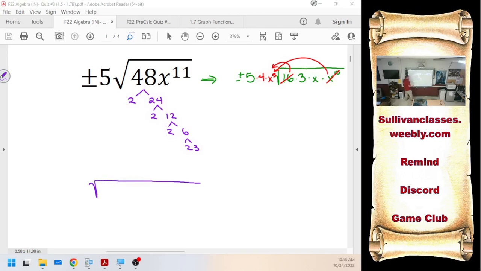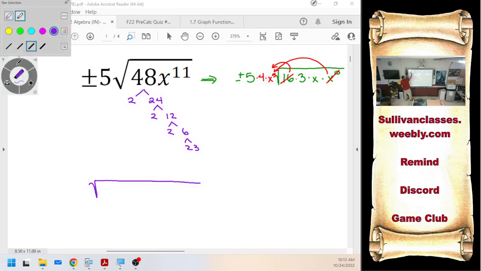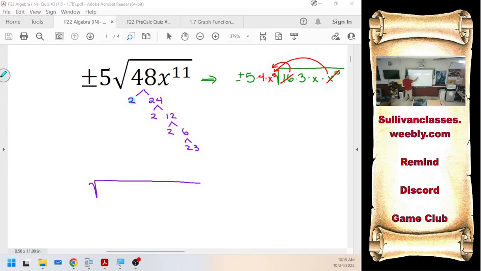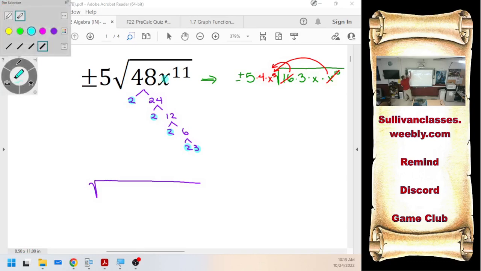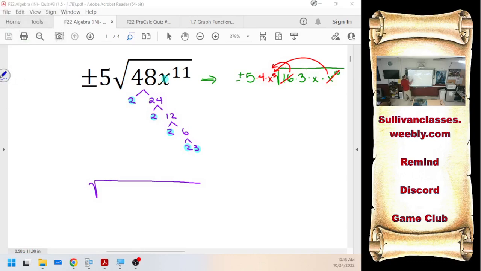Big kahuna. You take everything that's at the ends of the branches. And then the 11 x's. You write them all out longhand.